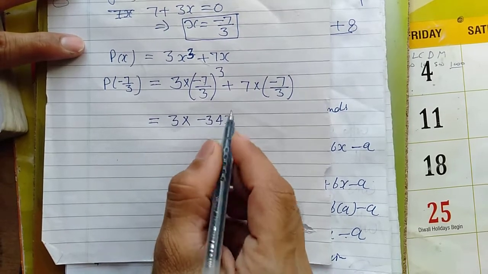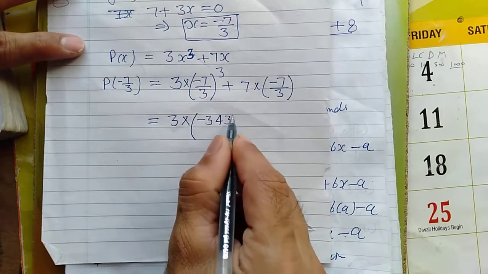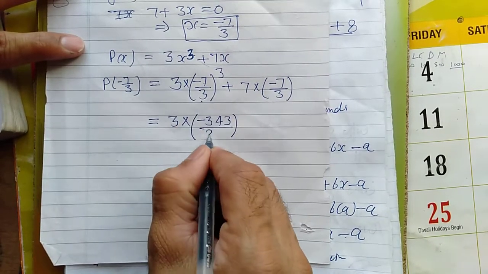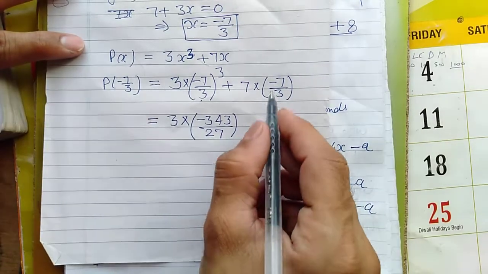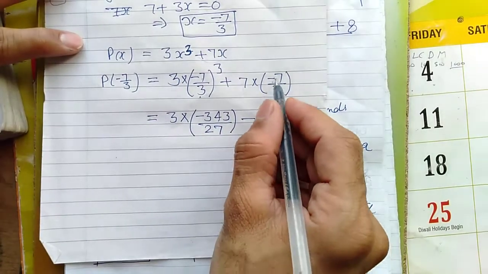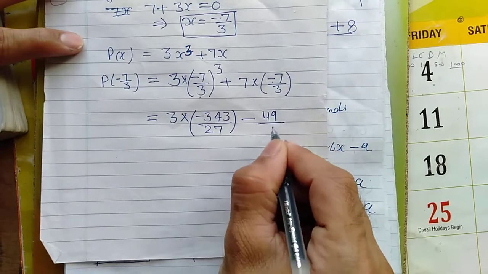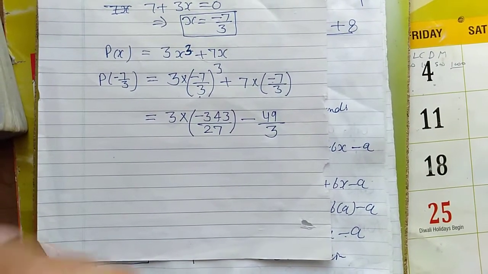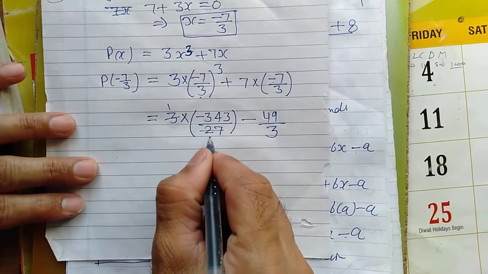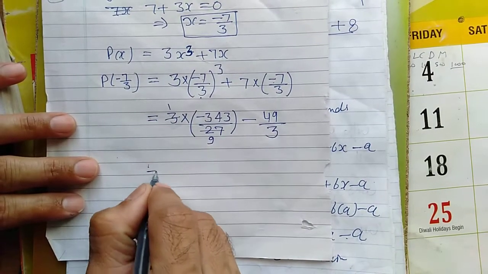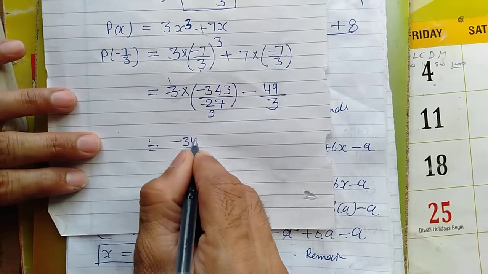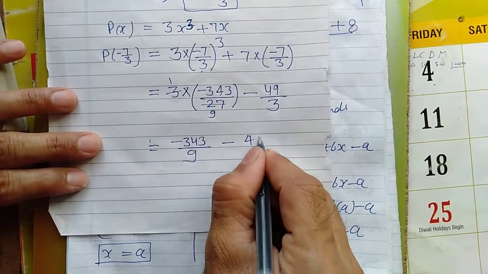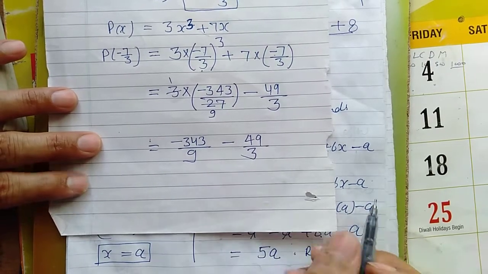So the minus sign will come because of the odd power, 343 upon 3 times 3: 3 3s are 9 and 9 3s are 27. Here the minus sign will come, 7 7s are 49 upon 3, right? Now 3 1s are 3, 3 9s are 27. So we have here minus 343 upon 9 minus 49 upon 3.